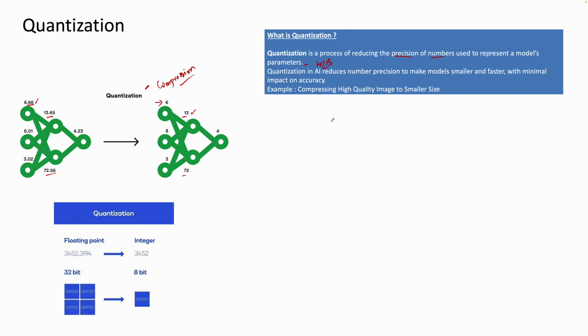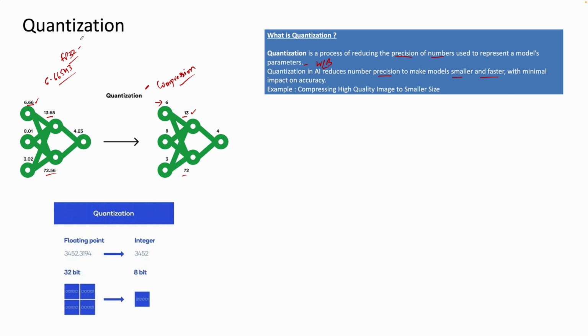Now, quantization in AI reduces the number precision to make the model smaller and faster, obviously, right? If this is 6.66, I could even store it as 6.66543 if I'm talking about floating point 32, which is the default floating point that LLMs use. So think about it, if I'm storing such big numbers, obviously my model would be a larger model, right?